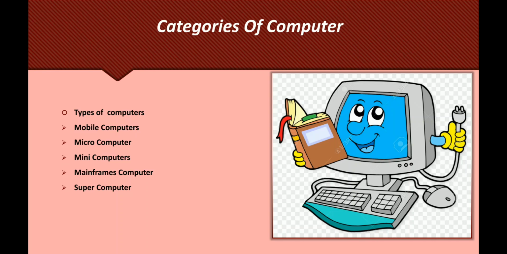So the categories are divided on the basis of the tasks they perform, the processing speed they have, and the size of the computer system.